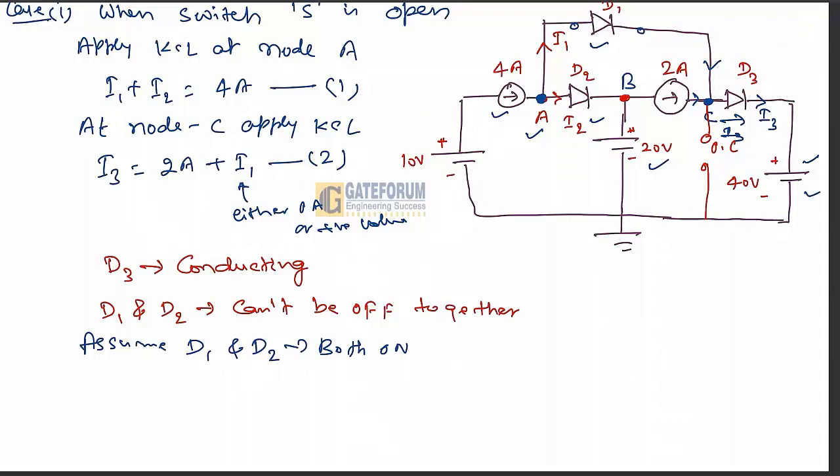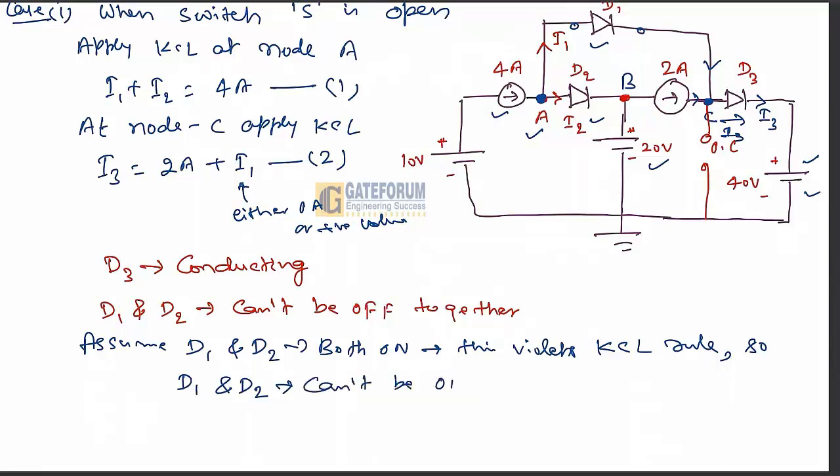So this violates the KCL rule. So it indicates that D1 and D2 cannot be on together.